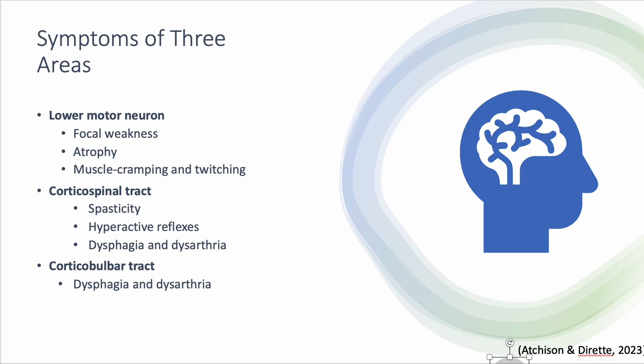The corticospinal tract, we have spasticity, hyperactive reflexes, dysphagia, and dysarthria. Dysphagia can be described as difficulty swallowing, and dysarthria can be described as impairment within speech quality production. Within the corticobulbar tract, we also will have dysphagia and dysarthria.